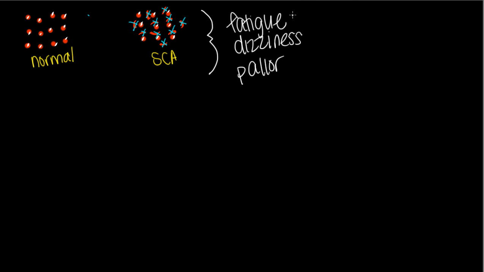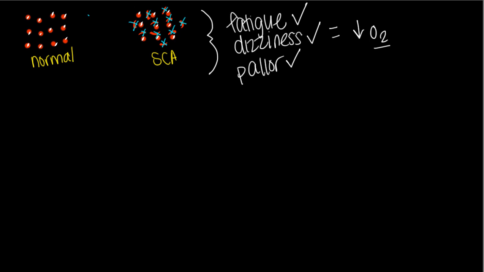Now, the fatigue is related to decreased oxygen. Dizziness related to decreased oxygen, and pallor related to decreased oxygen. So this is kind of a general overview of what happens when you don't have enough oxygen circulating in your blood. Overall, this is the same thing that you're going to see in other types of anemias. All of these are related to decreased oxygen in the blood.